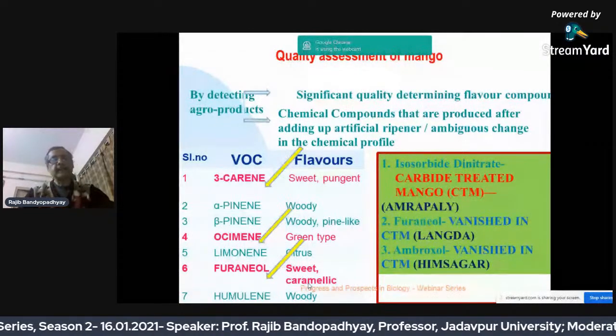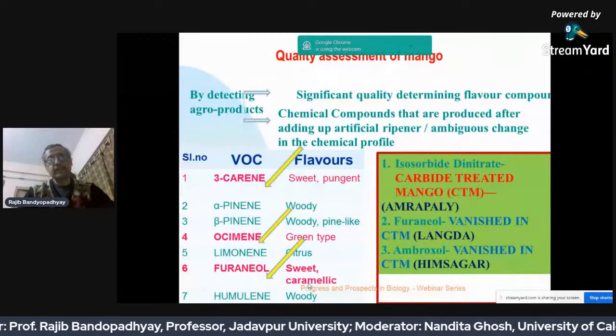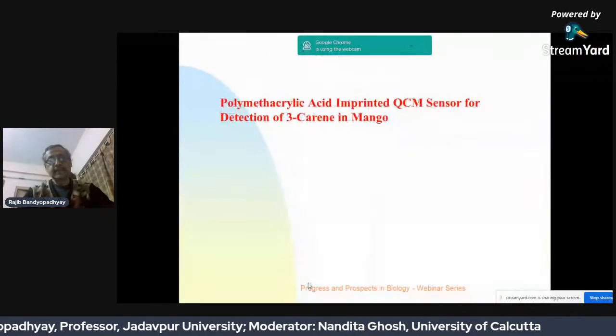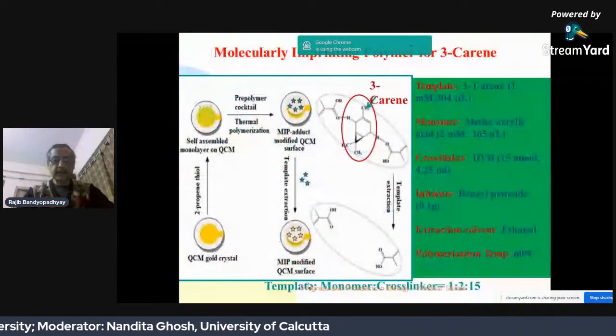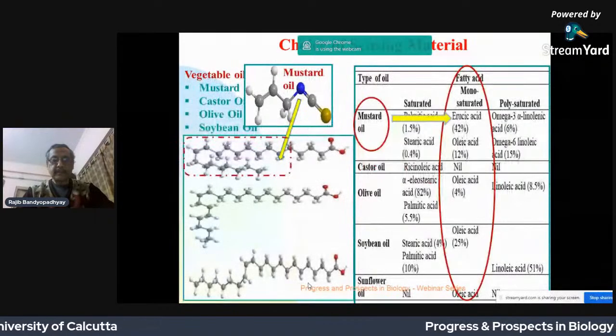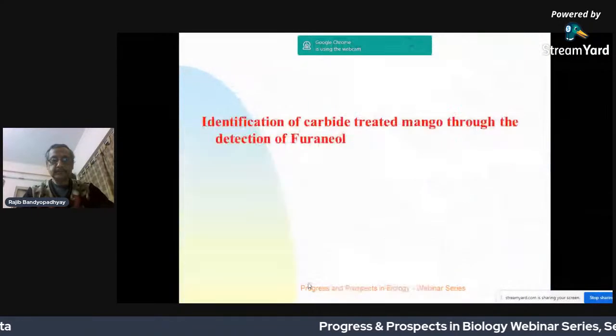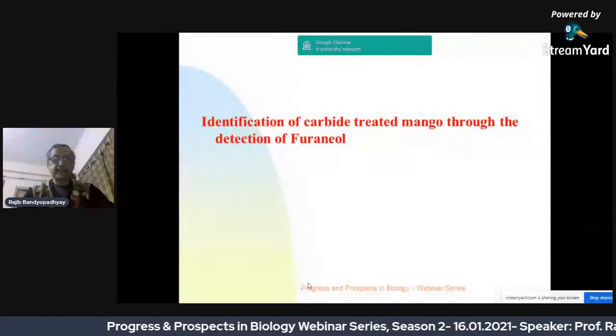So there are different applications of this MIP. We can make electrodes, we can make gas sensors. These are some results. This is the ocimene sensor, and this is the identification of carbide-treated mango through the detection of furaneol.